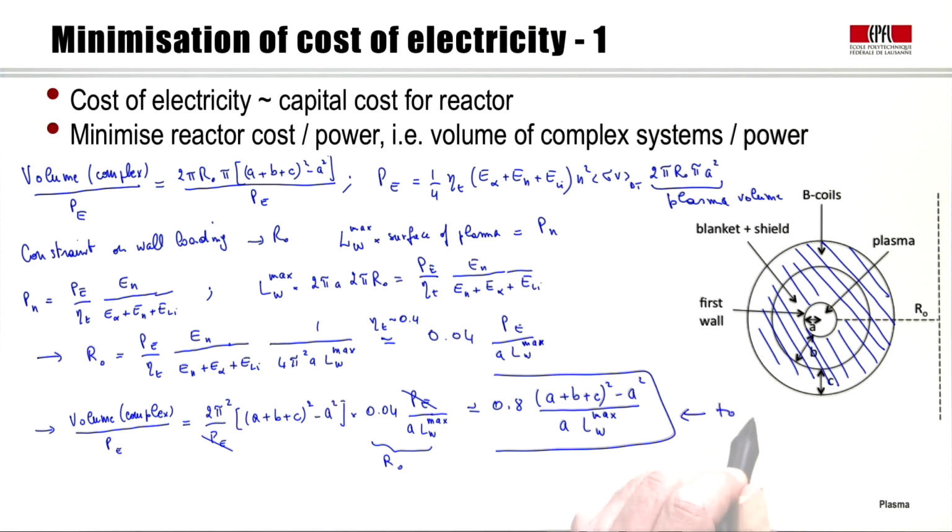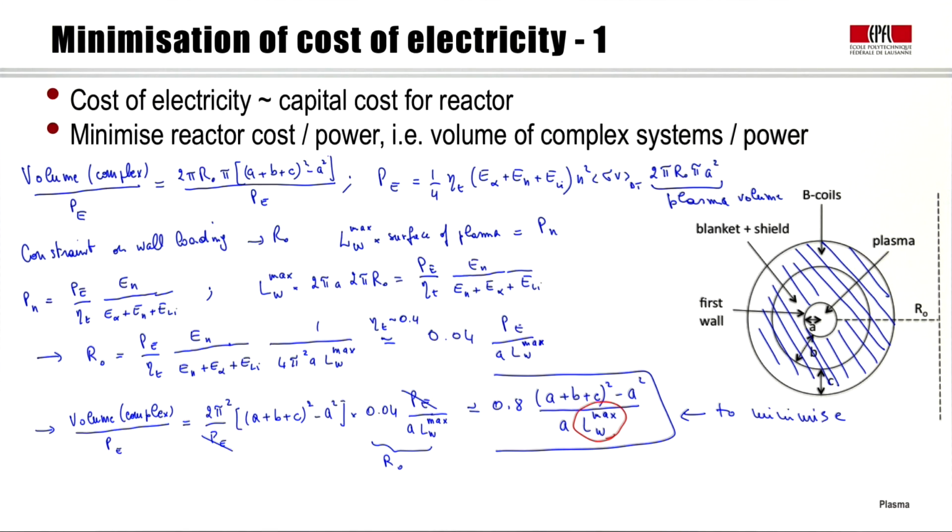This is the quantity to minimize, and I notice that a key parameter in the whole exercise is and will be the maximum wall loading. So it's a very simple minimization, of course, in terms of the maximum wall loading.